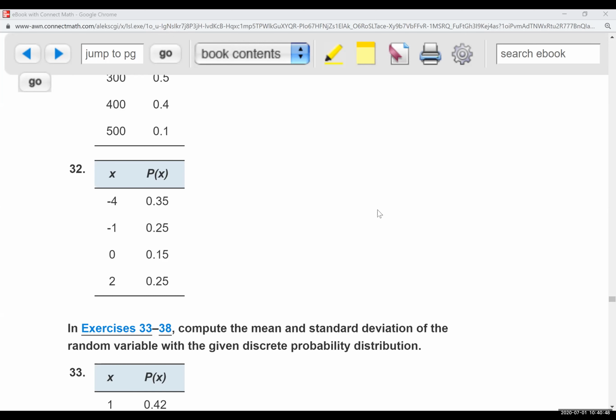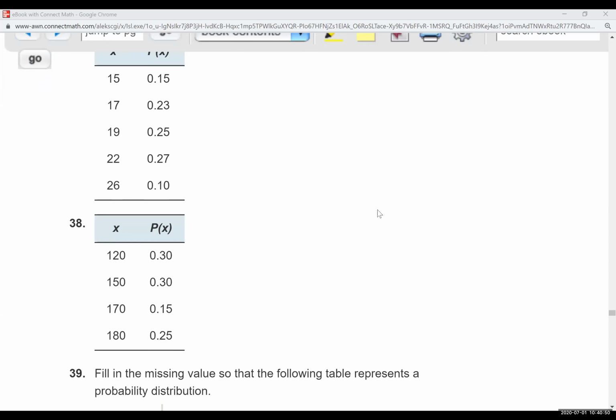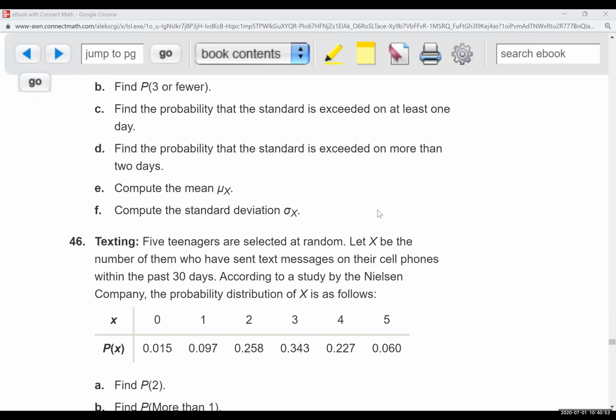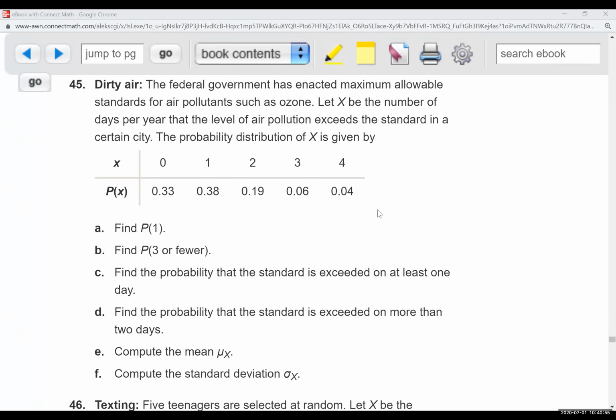Okay, so next one, let's try 45. The federal government has enacted maximum allowable standards for air pollutants such as ozone. Let X be the number of days per year.